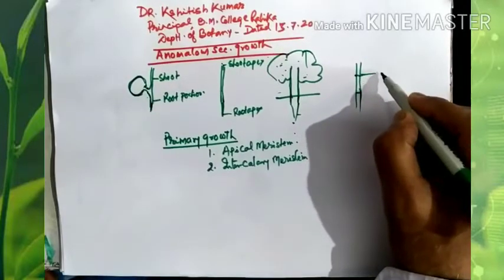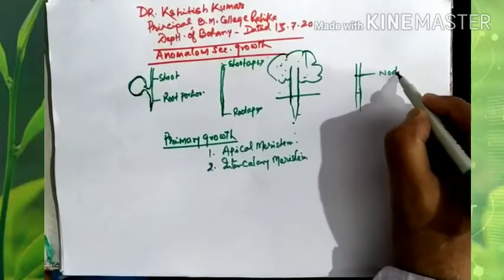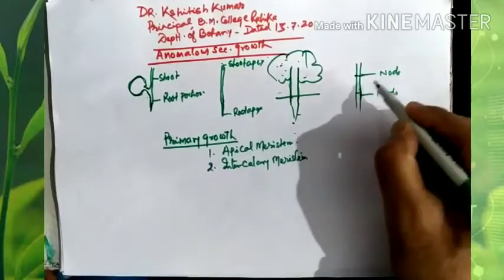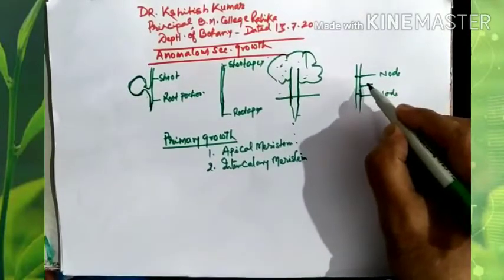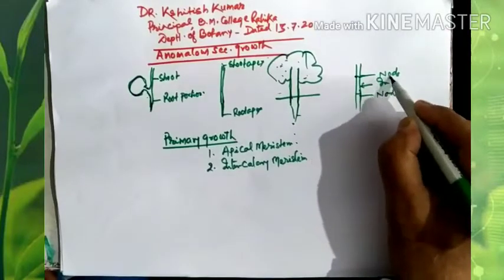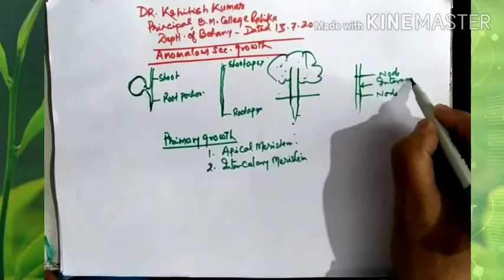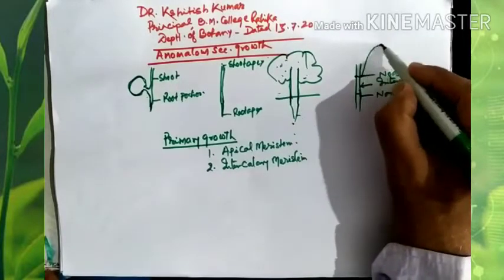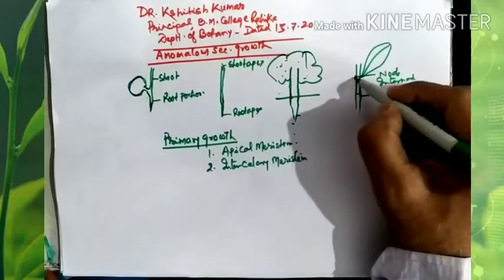It is known as the node, and in between the two nodes the portion of the stem is known as internode. At the node there may be some leaf.